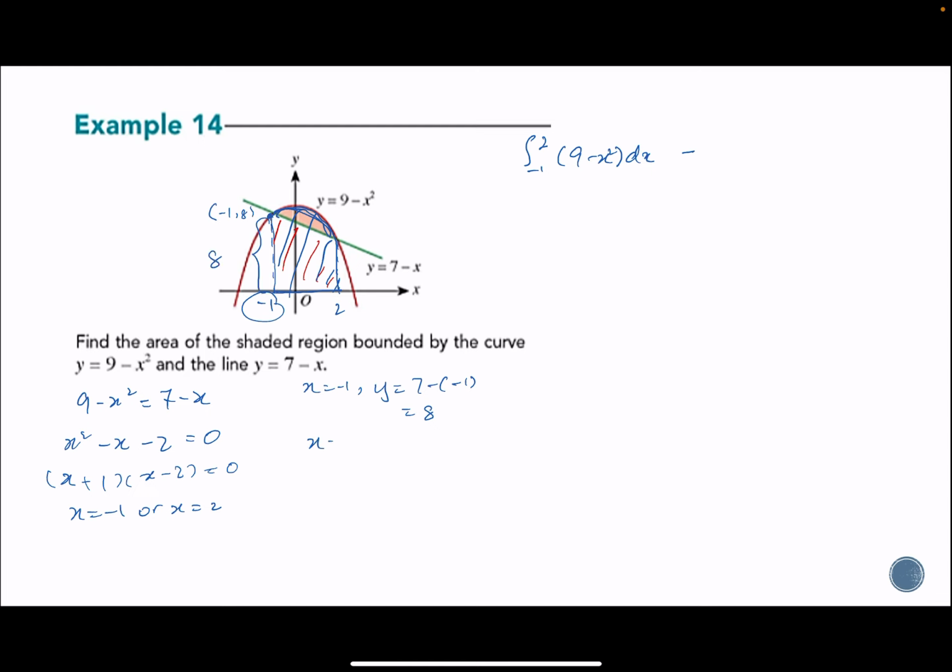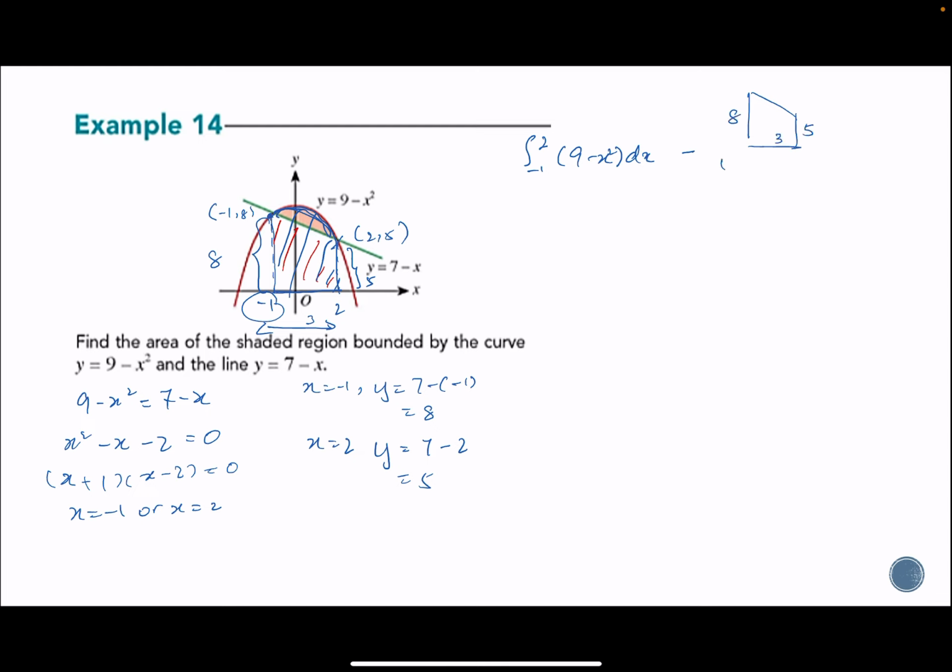Now doing the same for the other x value, y will be 7 minus 2, you get it as 5. So in other words, this coordinate here will be 2, 5, and this one will be 5 units. Then of course, this part here from negative 1 to 2 is 3 units. So for my trapezium, I'm just going to draw it down here, 8, 5, and 3.